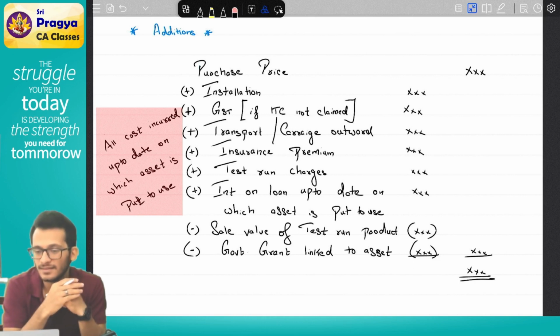Yes or no? Yes, this is a simple understanding. Accounts also follows the same logic.